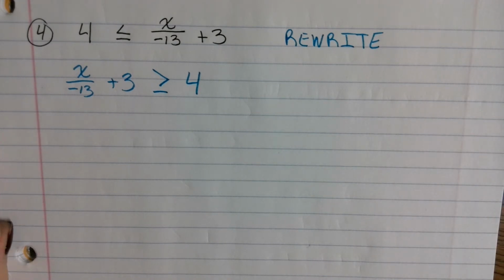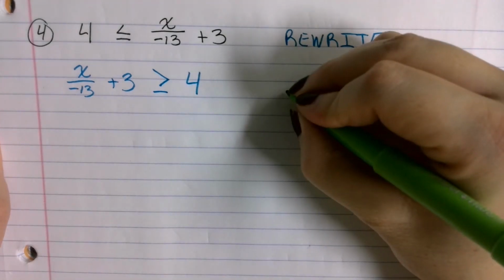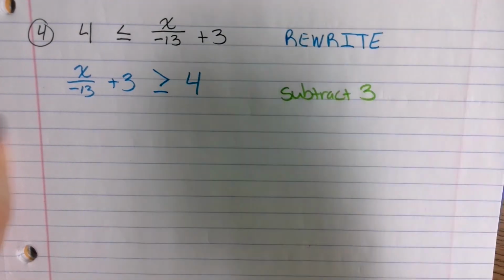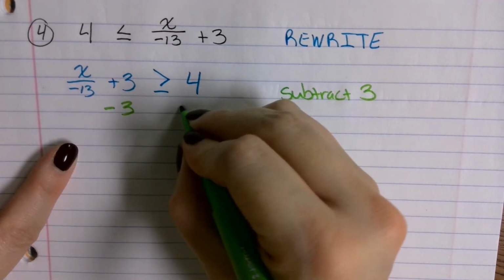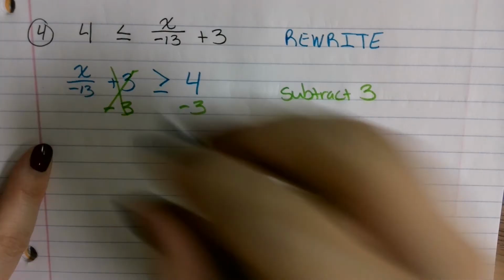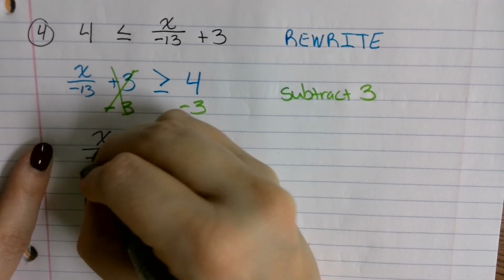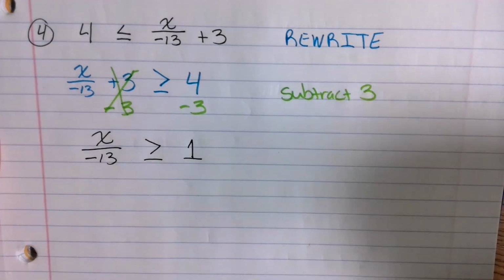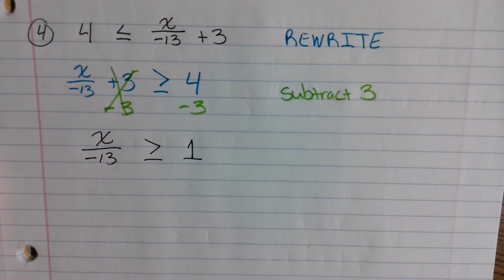What's the first inverse operation that we need to do here, AJ? Subtract 3. Good. So we're going to subtract 3 from 3 and subtract 3 from the 4. That's going to leave us with x over negative 13 is greater than or equal to 1. What's the next step? EJ.